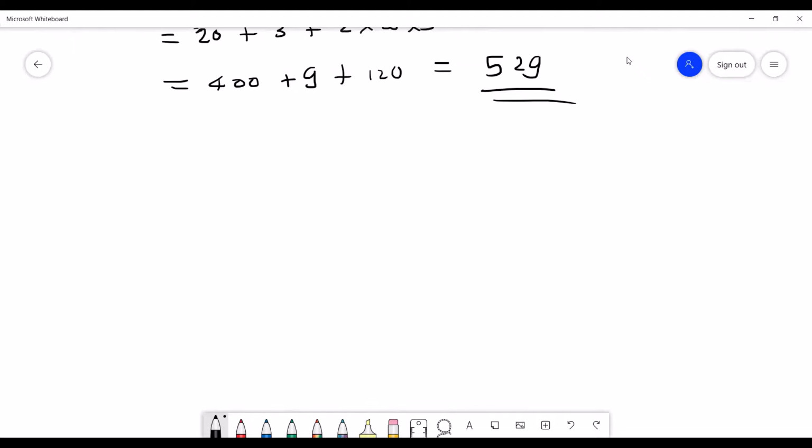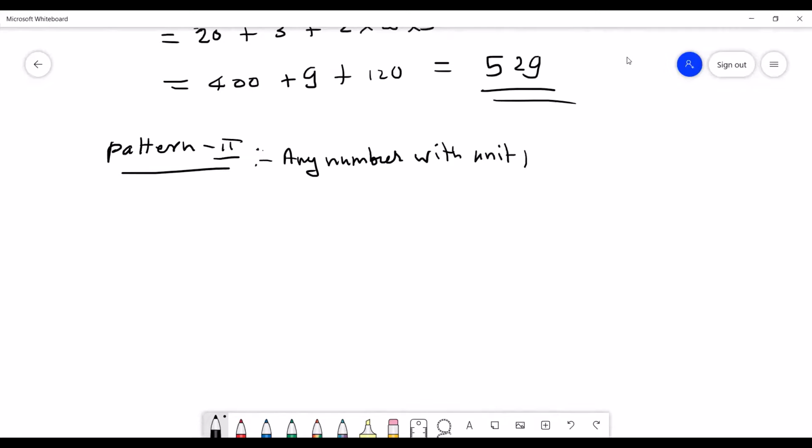Now we have another pattern also for squaring numbers. Let us see the other pattern, and this pattern is for any number with 5 in the unit place.